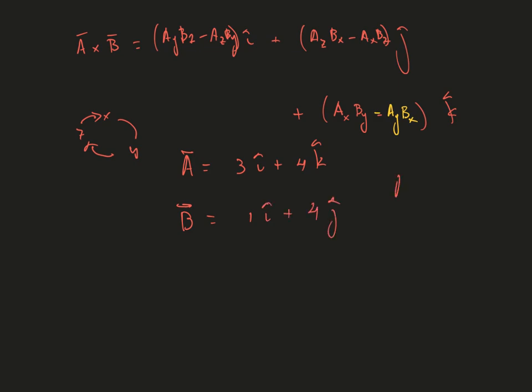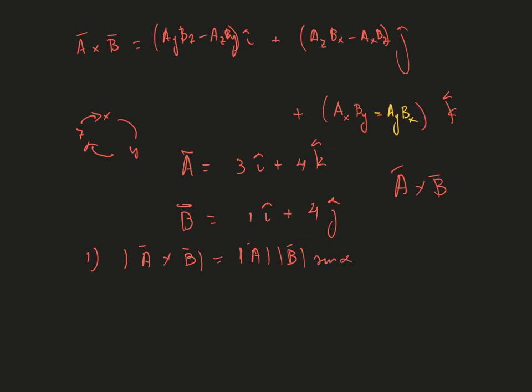And I want to do A cross B. What I want to do first is find the magnitude of A cross B. You can find the magnitude of A cross B, but you don't have the angle. It's the magnitude of A times the magnitude of B times the sine of alpha.